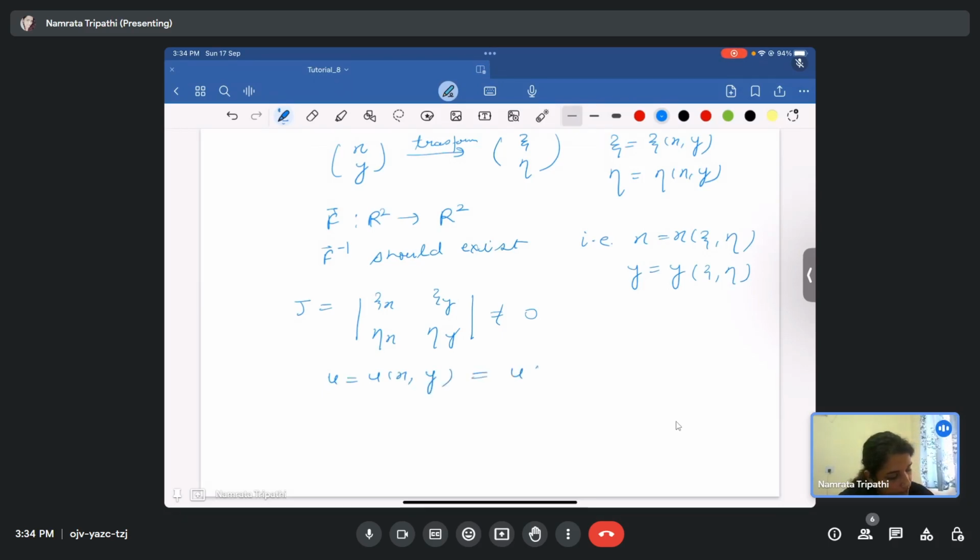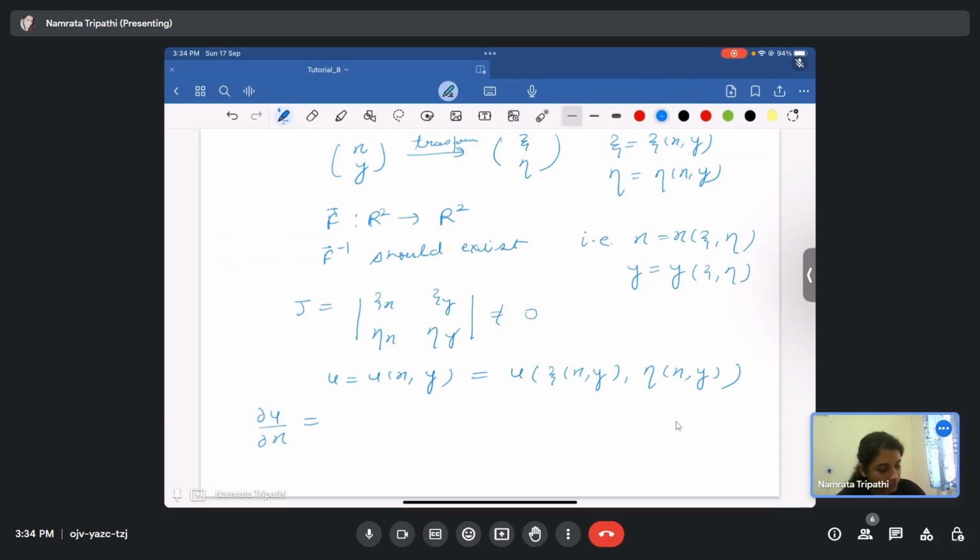We can say x is a function of xi and xi is a function of xy, and y is a function of eta, eta is a function of xy. So what is the value of del u upon del x?